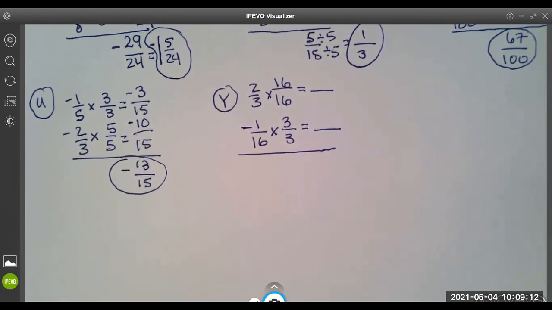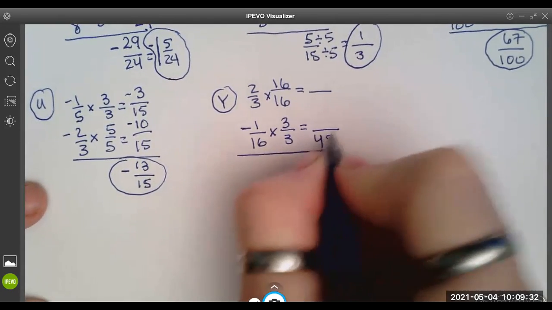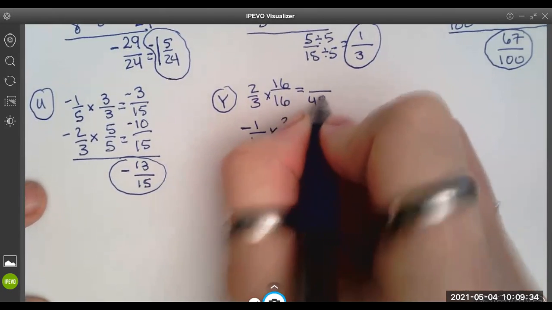What is 16 times 3? What's our target? 48. Okay, what's the new fraction going to become? Pay attention to signs, please.